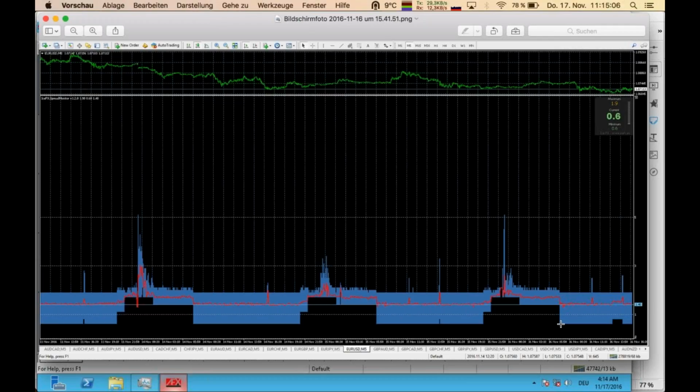So at 7 o'clock in the morning, everything goes back. So what does it mean? In this case, the broker systematically increases the minimum spread value which is available for any trade.